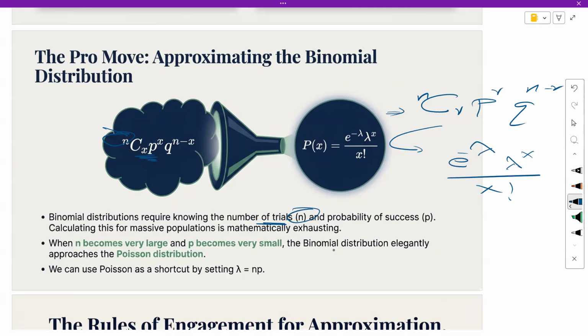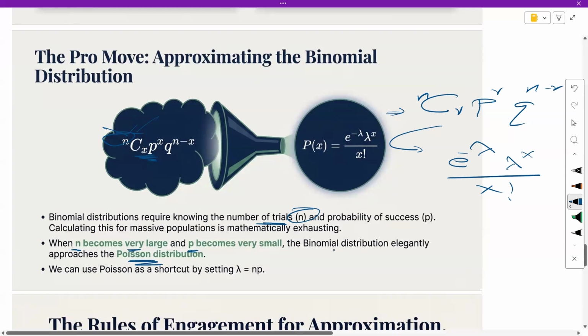If it is a very large amount, the calculation may be difficult. When n becomes very large, say more than 50, and p becomes very small, like 0.01, the binomial distribution elegantly approaches the Poisson distribution.